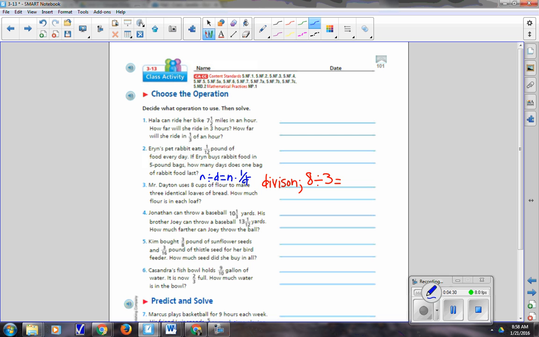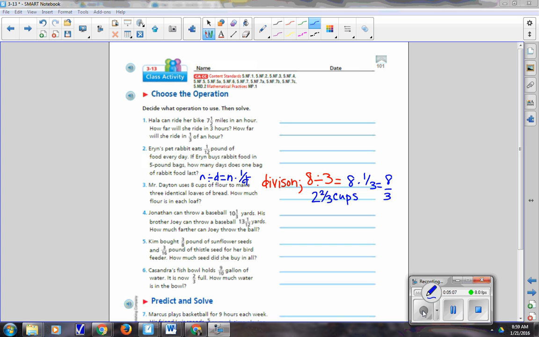So I know that 8 divided by 3 is also 8 times 1/3, which I know is 8/3, which if I put this into a mixed number, 3 goes into 8 2 times with 2 remaining. So each loaf of bread is going to get 2 and 2/3 cups of flour.